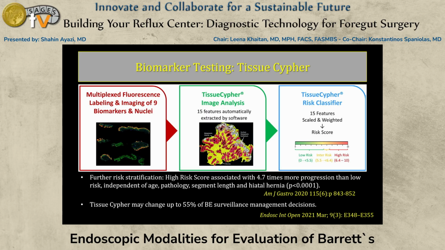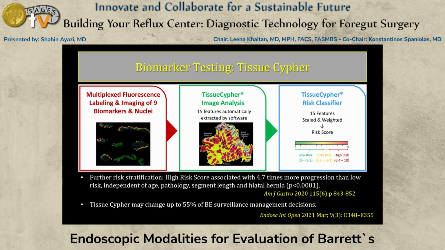All the current guidelines are based on endoscopic evaluation, but there is a large number of publications focusing on biomarker testing, and the most common and promising technology in this field is probably TissueCypher. TissueCypher uses a multiplexed fluorescent technology that analyzes 9 biomarkers and also the morphology of the tissue, which gets incorporated into a sophisticated analysis and results in basically a risk classifier.